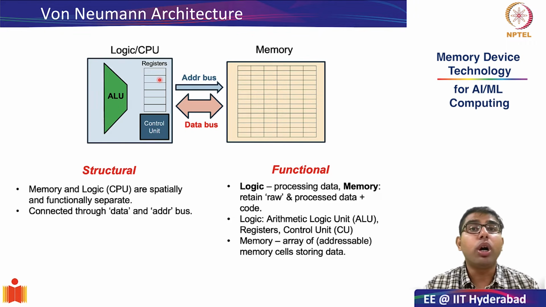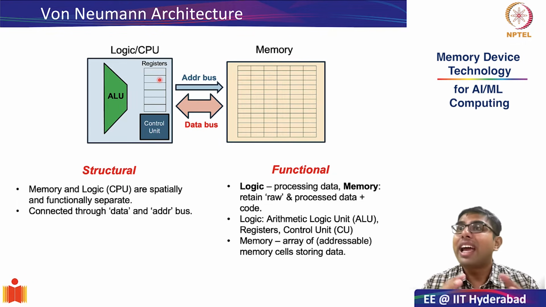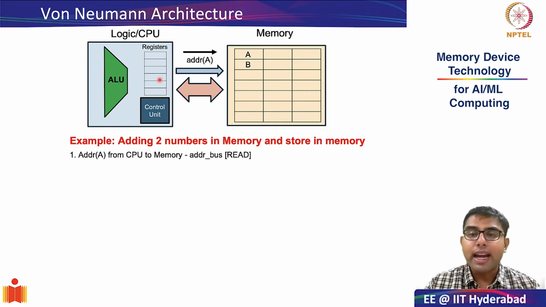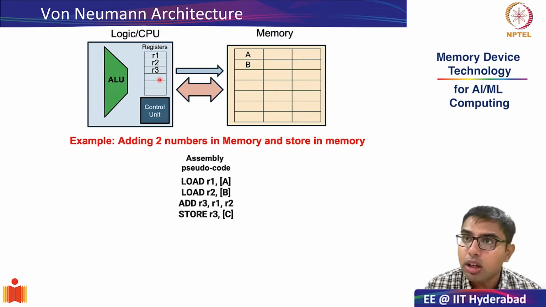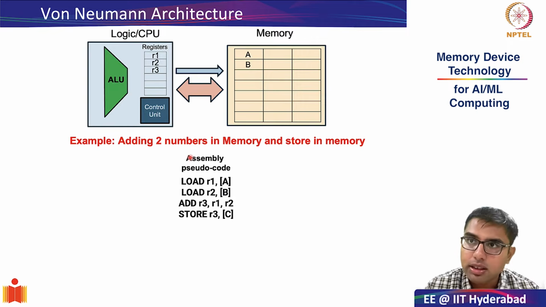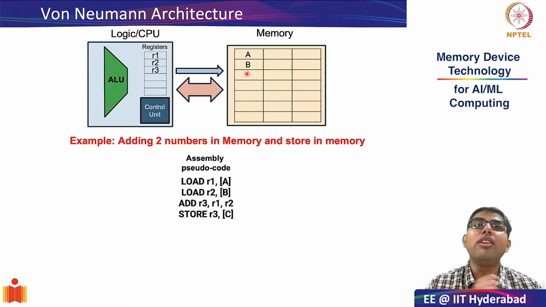So now we have a clear top view understanding of the structural and functional properties, or the functional elements, in the Von-Neumann architecture. Next, to get a deeper understanding of things, we will see how a very simple operation, in this case addition of two numbers sitting in memory locations A and B, is facilitated in the Von-Neumann architecture.